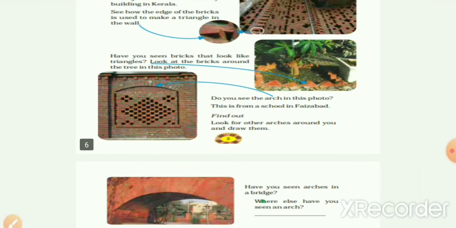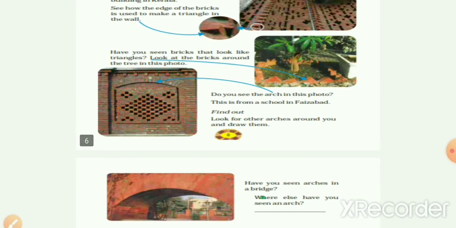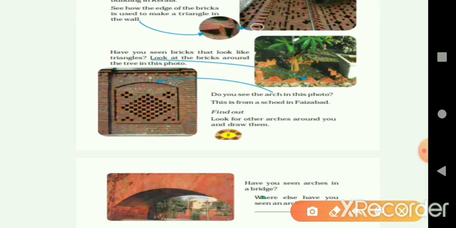Look for other arches around you and draw them. Arc means, see this one. This is the arc of a wall.